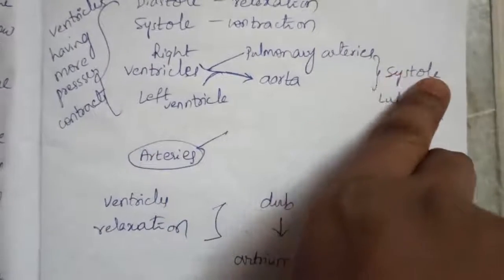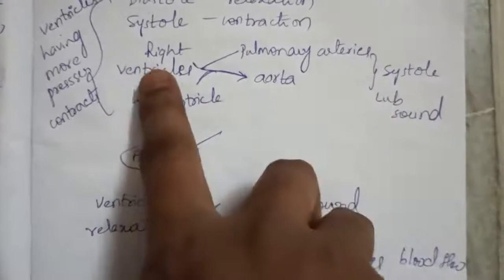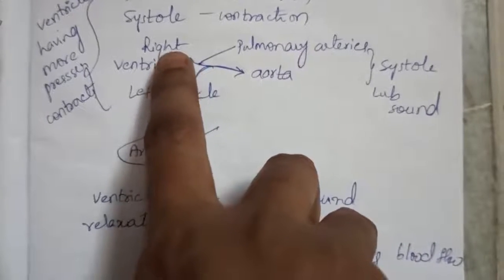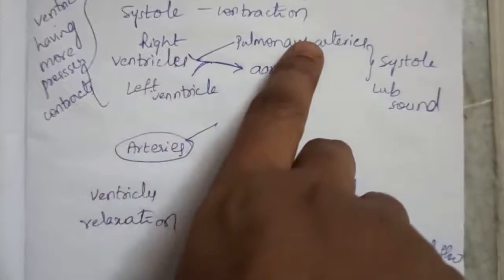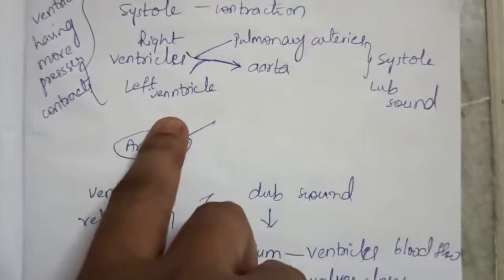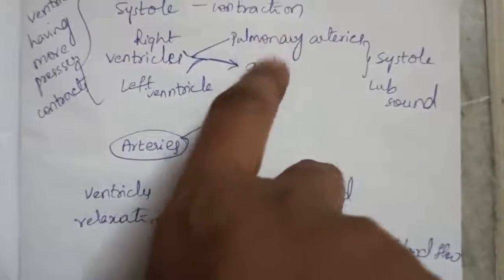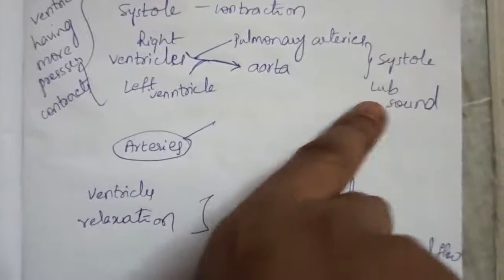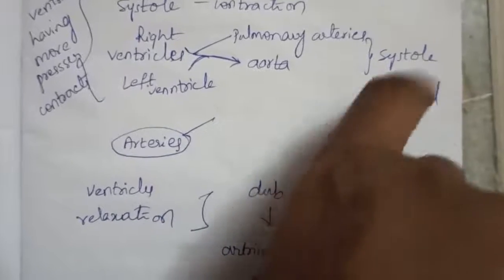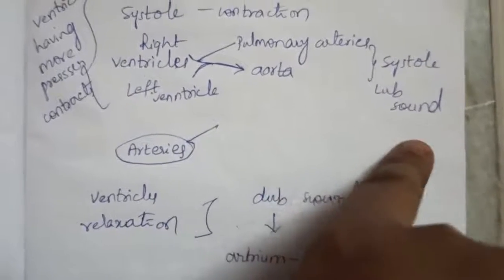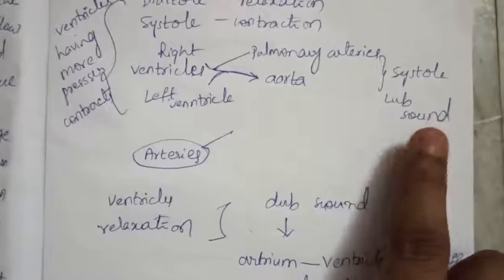That is systole. The blood enters from the right ventricle to the pulmonary artery, and at the same time from the left ventricle to the aorta. Both happen in the systole stage. At that time we get the lub sound, an active, sharp sound.